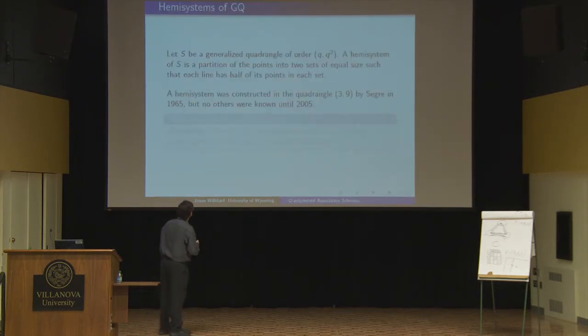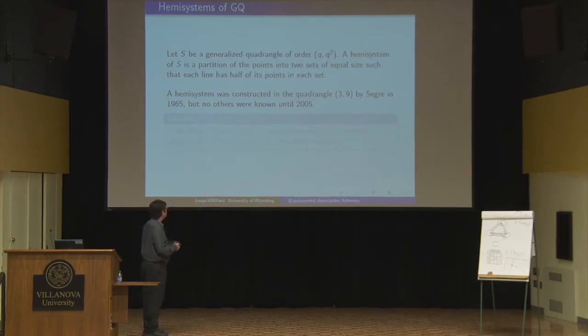Okay, so the first example I wanted to talk about is where I'm stretching recent the most, because this was in 2005. It deals with the notion of a hemisystem. You take a quadrangle of order (q, q squared) and you want to cut the points in half so that every line is cut in half by these sets of points.